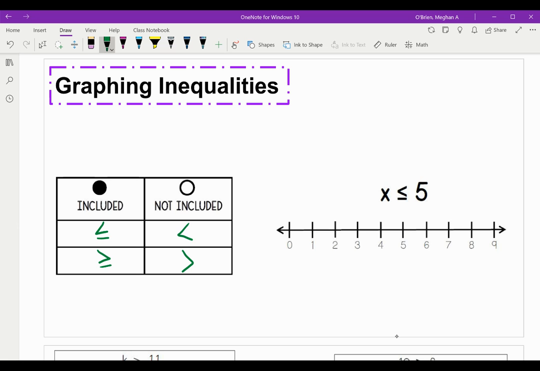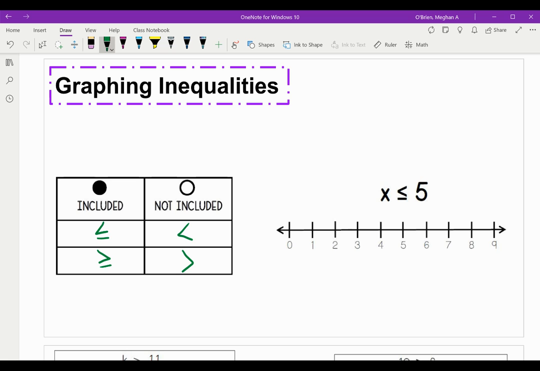So over here on the right, when we're talking about x being less than or equal to the number 5, that means x can be anything less than or equal to 5. That's a lot of numbers. Think of all our rational numbers, all the decimals and fractions that live in between our integers.